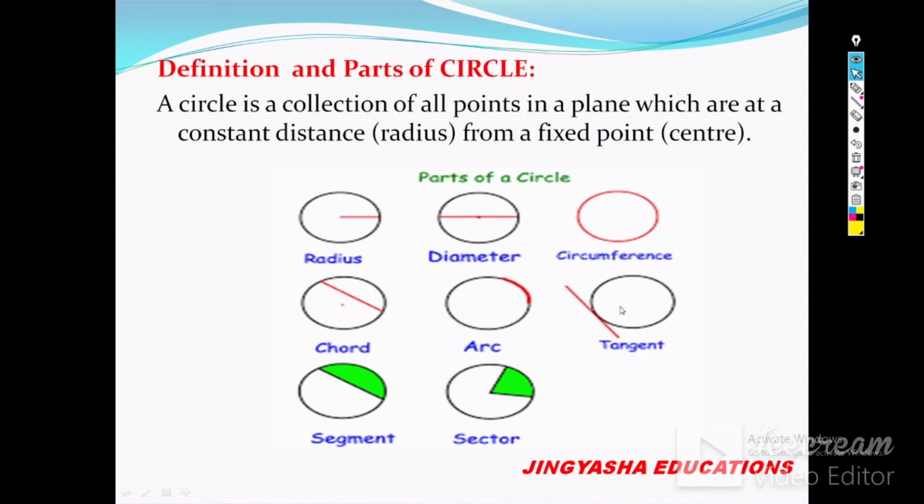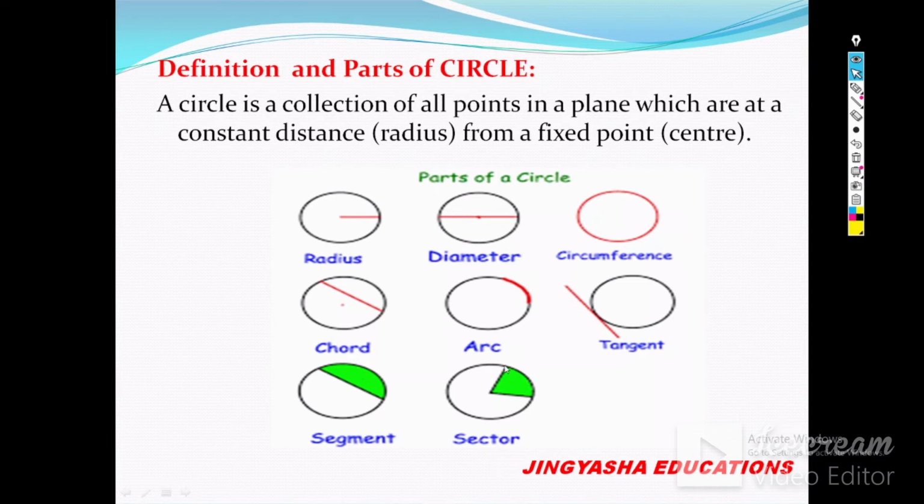Then a tangent is a line that touches the circle at a single point. Then a segment is a part of a circle. If you divide the circle into different parts using chords, so you draw different chords in the circle and you choose any specific part, then that becomes a segment.